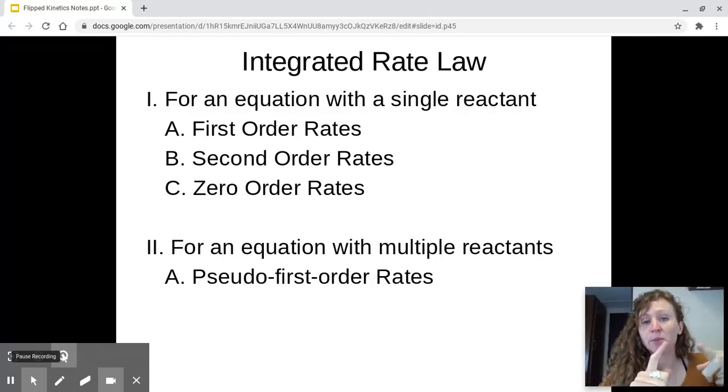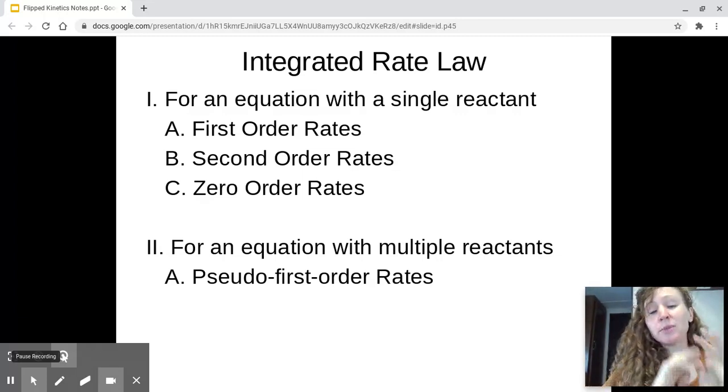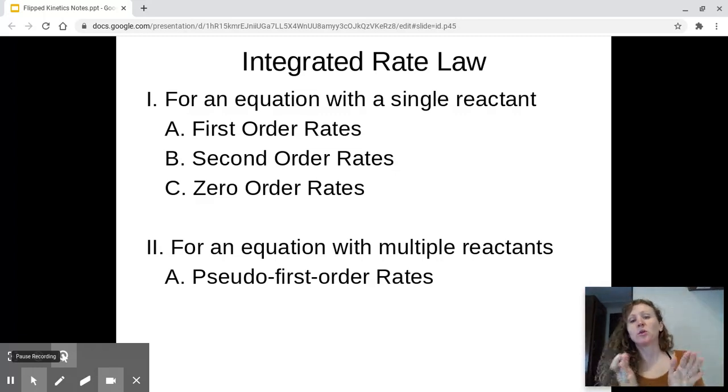It can still represent a zero order reaction. It can still represent a first order, a second order. That's going to be our scope, though. The integrated rate law takes a different form depending on the order of your reaction. And so we are only going to deal with the forms for 0, first, and second.